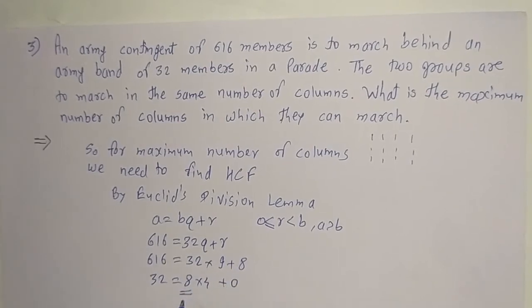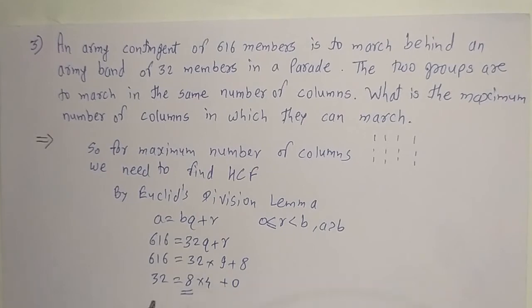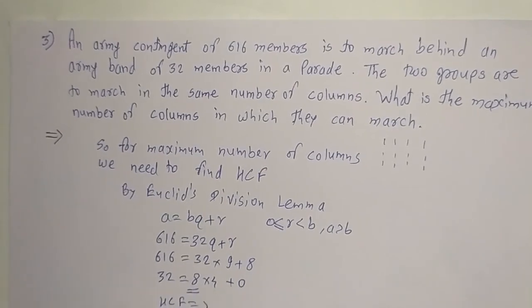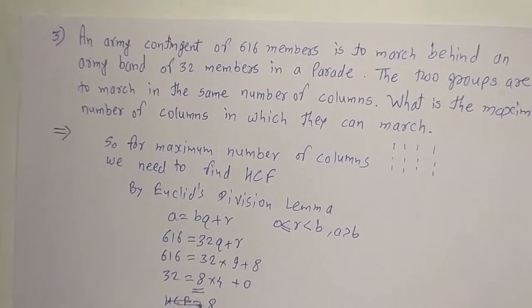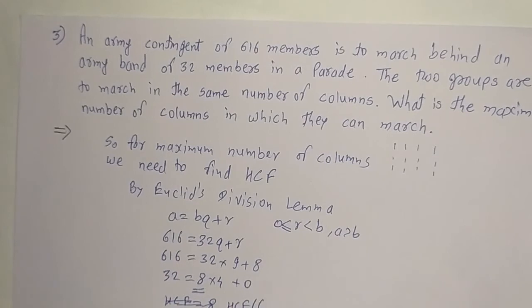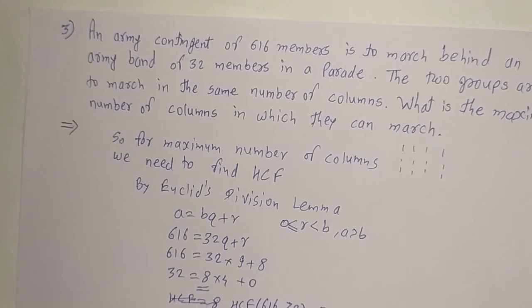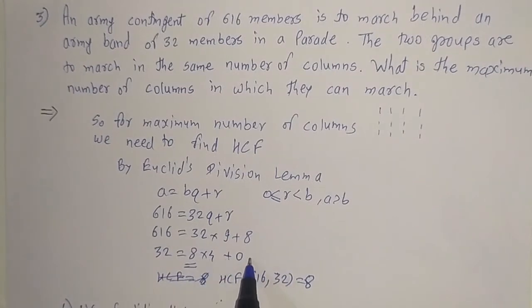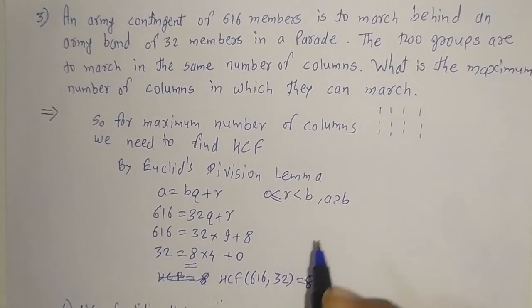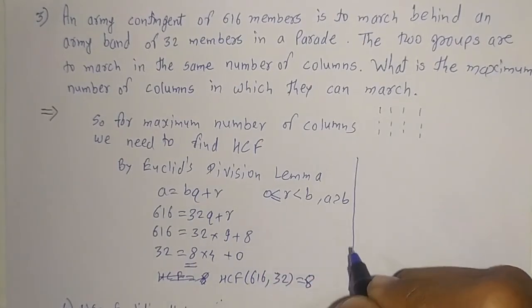Within 2 steps you got your answer as 8. HCF equals 8. Write it down in this manner: HCF of 616 and 32 equals 8. Once the remainder is 0, you will have your HCF as the divisor in that step. So HCF of 616 and 32 is 8. So write down the final answer.